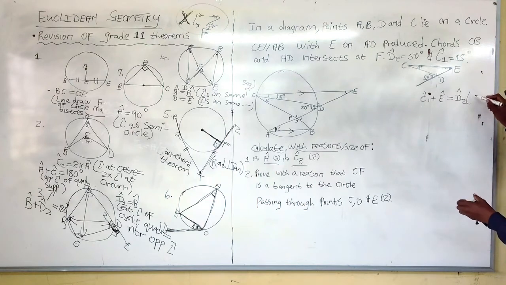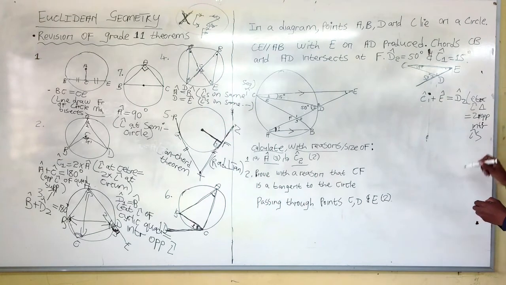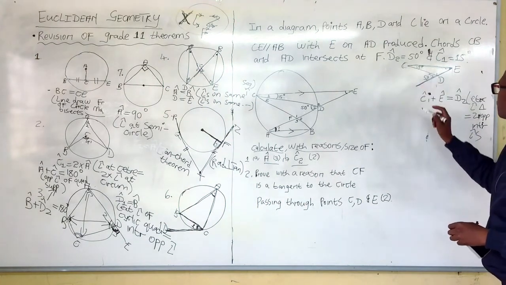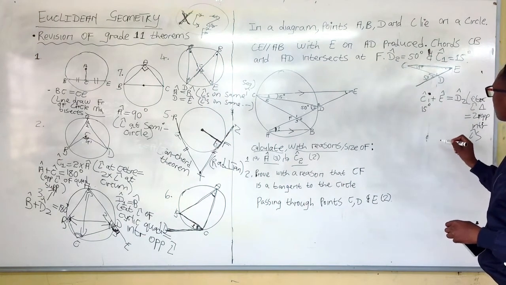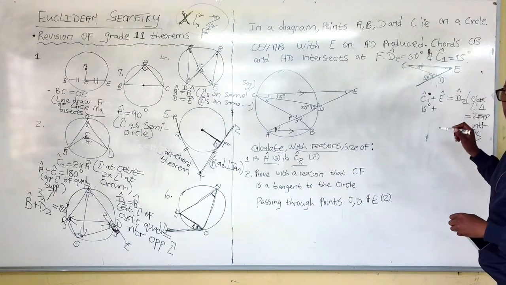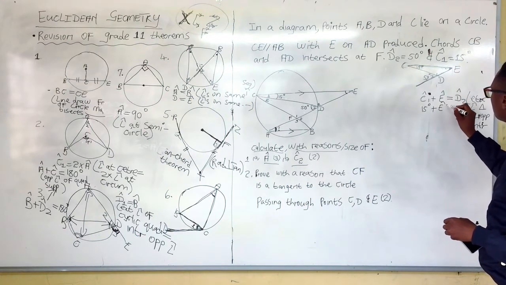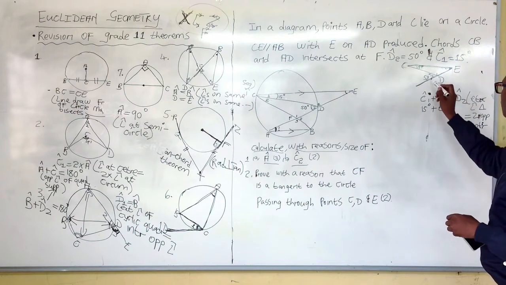So the exterior angle of a triangle is equal to the two opposite interior angles. So C1 is 15 plus angle E, which is unknown, and D2 is 50.